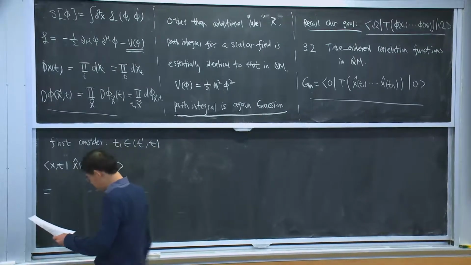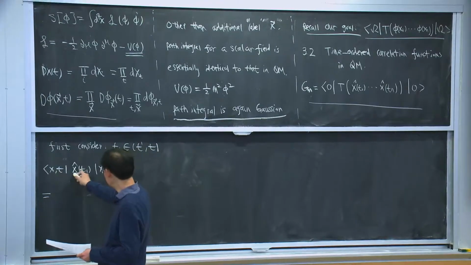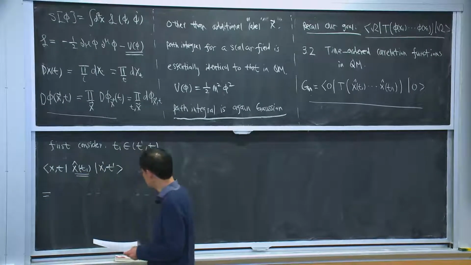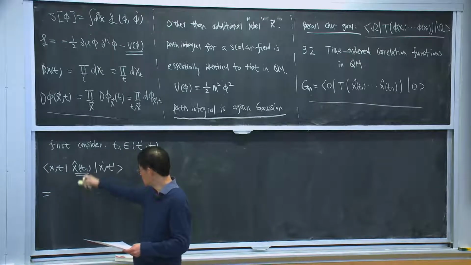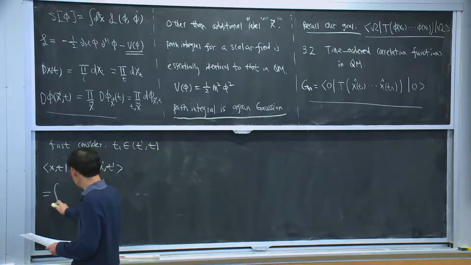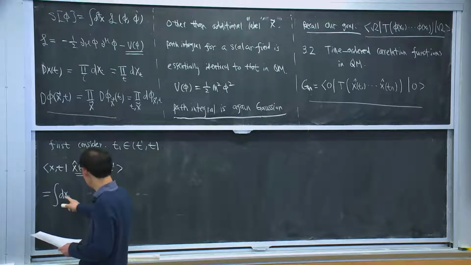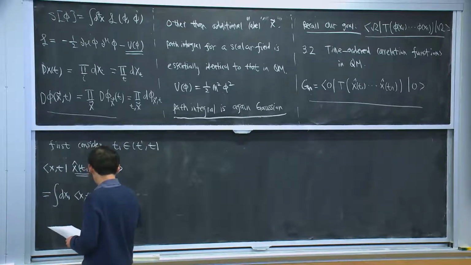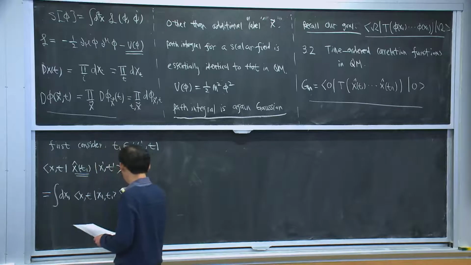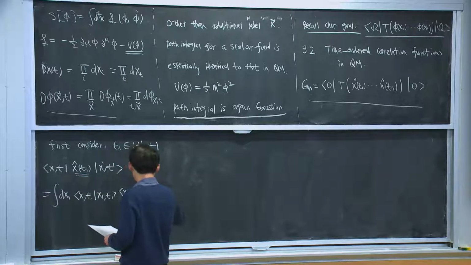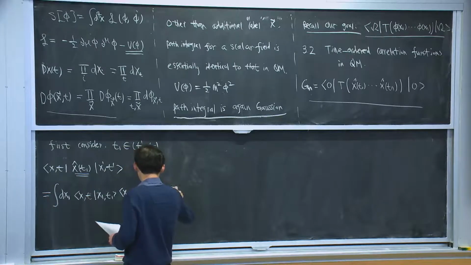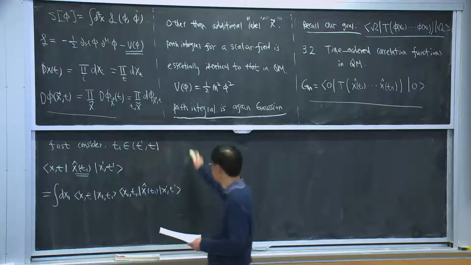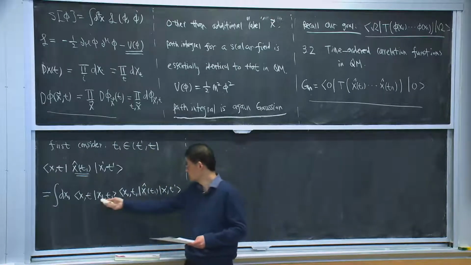Here we do the same thing. Since this is t1, we just insert the complete set of position eigenstates at t1. So we integrate over x1, |x1,t1><x1,t1|, x hat at t1, |x',t'>.